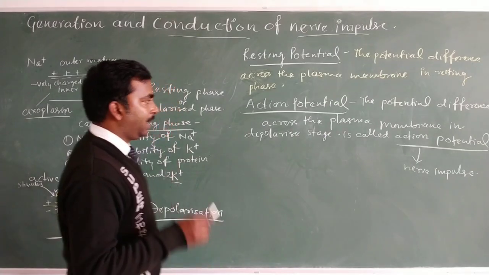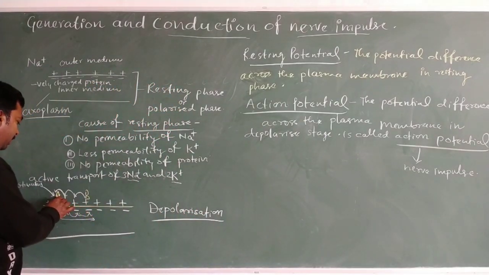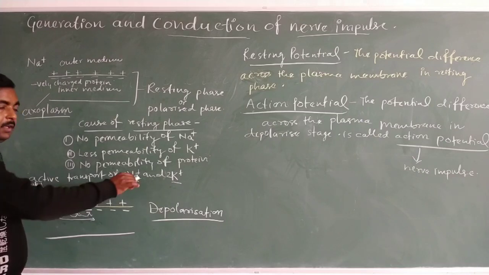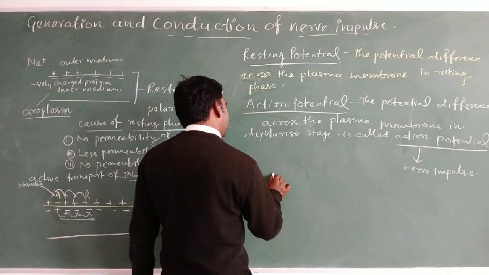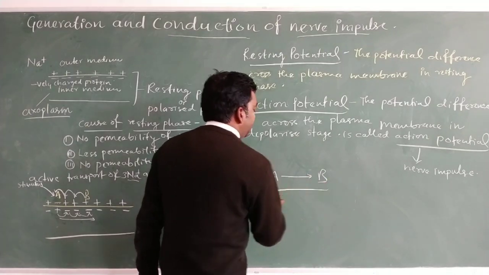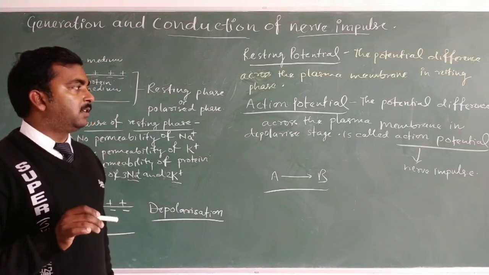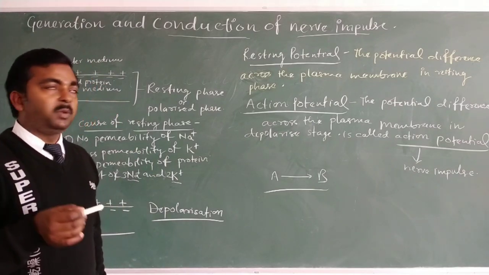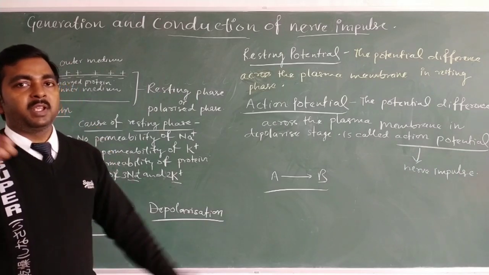In the form of action potential, these nerve impulses transfer from point A to point B. So the direction of action potential is from point A to point B.